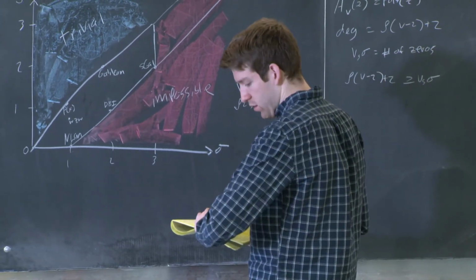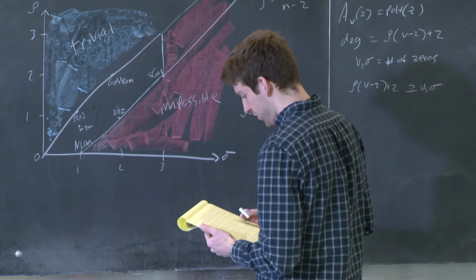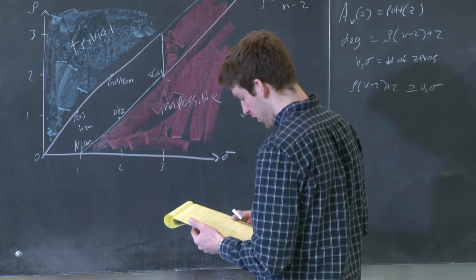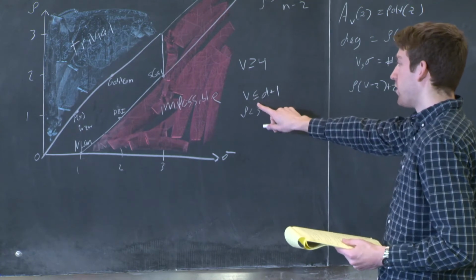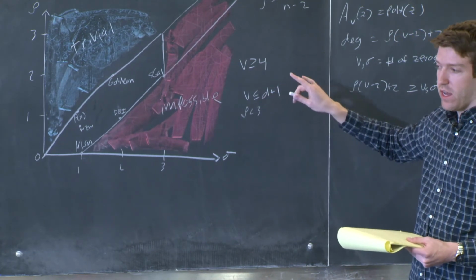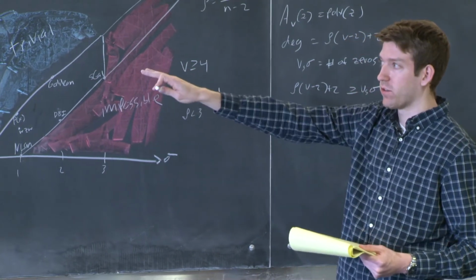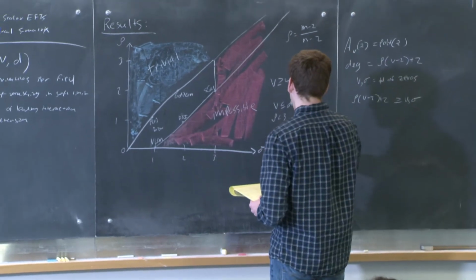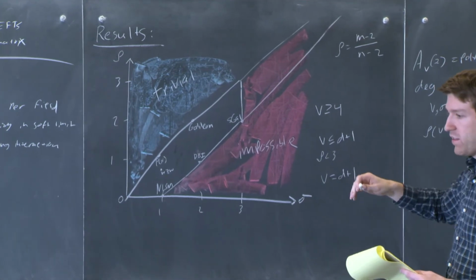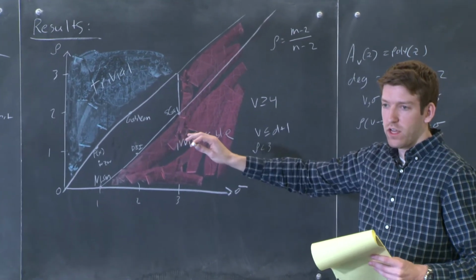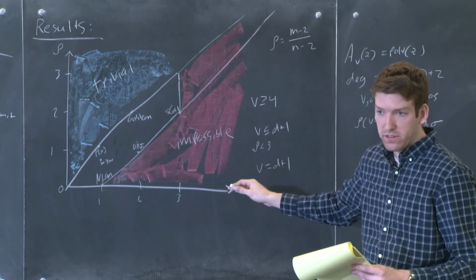Okay, let me see what I have time for. Yeah, so what's nice about v and d is, when you're searching for the existence of theories, which you can do with the numerical techniques of paper 2, you only need to search on the line v equals d plus 1, because if a theory takes place in many higher dimensions, you can always imagine the kinematics of that theory happening in a v minus 1 dimensional subspace.